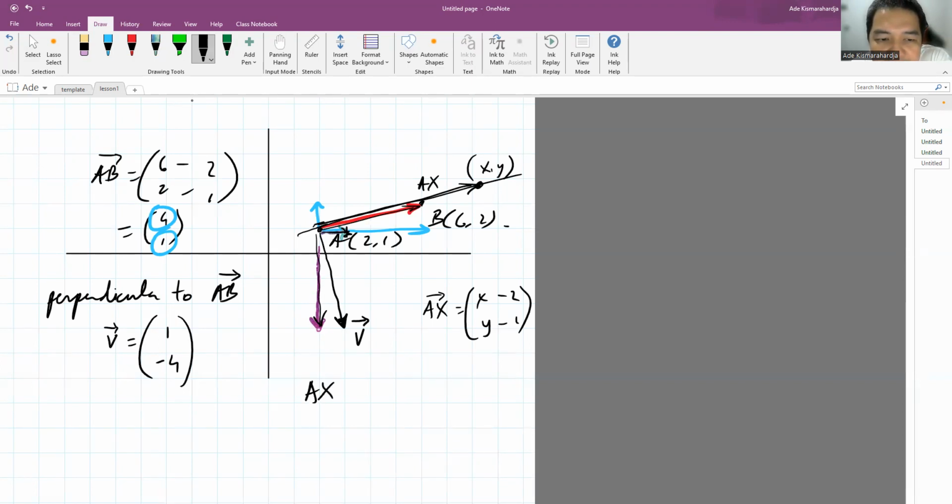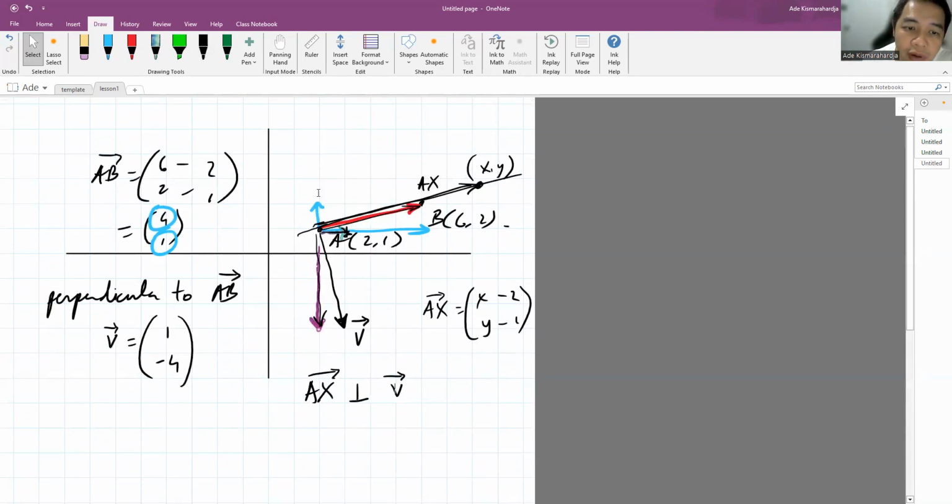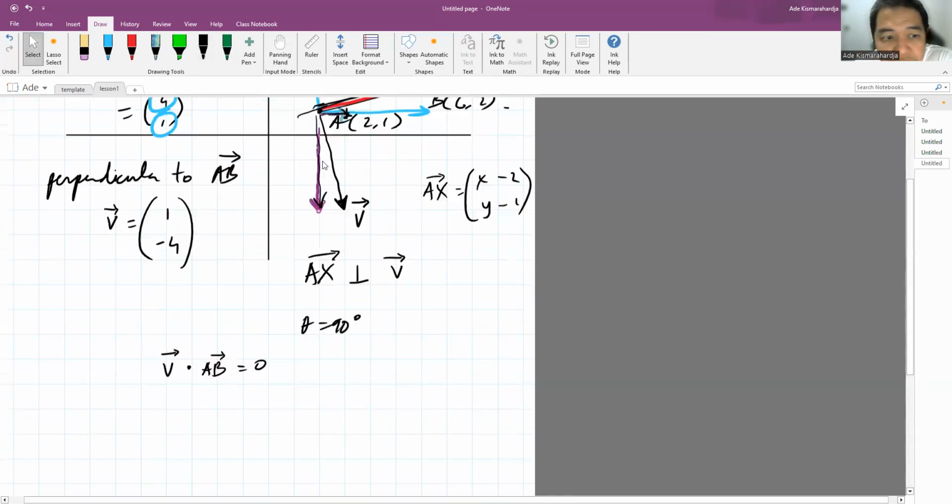Therefore, AX is also perpendicular to V. Again, when two vectors are perpendicular, they're quite special, because when you do a dot product between V and AX, that's equal to 0.